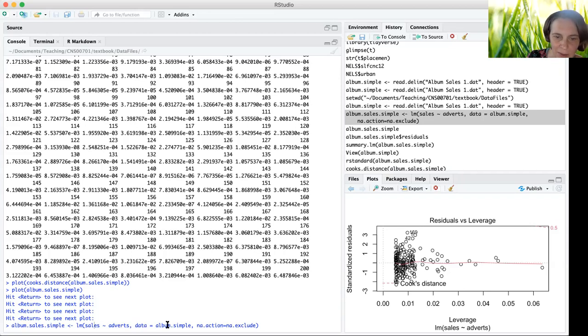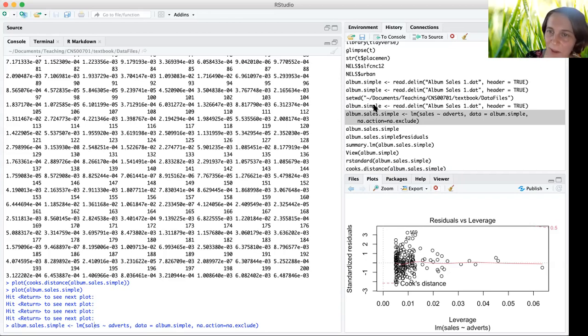Then you have to specify what the data is, right? That's the second argument here. You just say data is album.simple. That is what I called it. When I imported the data set, I gave it the name album.simple.